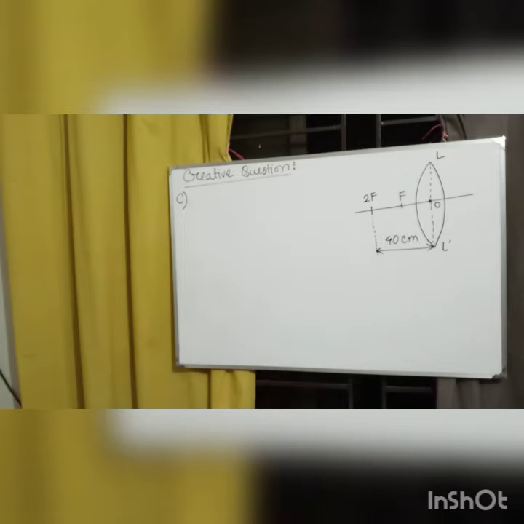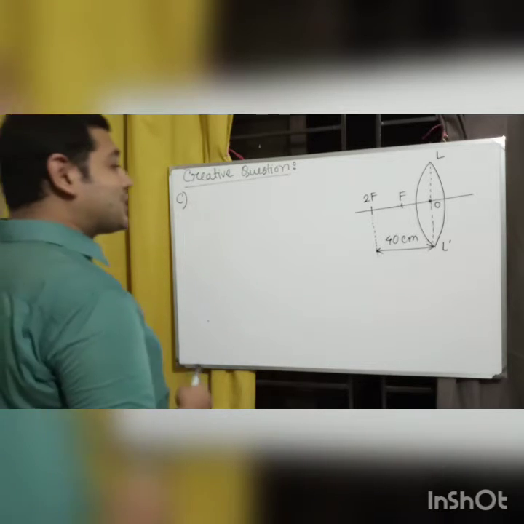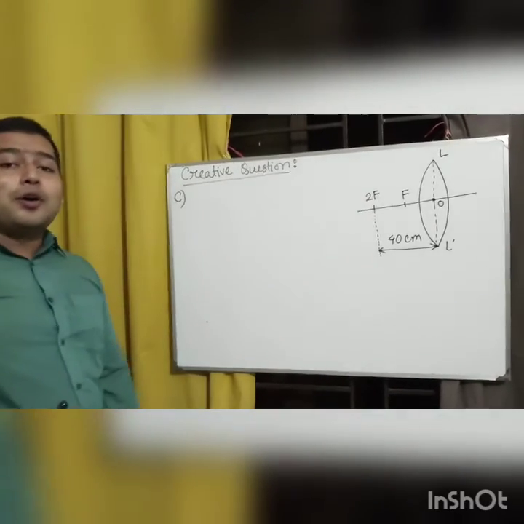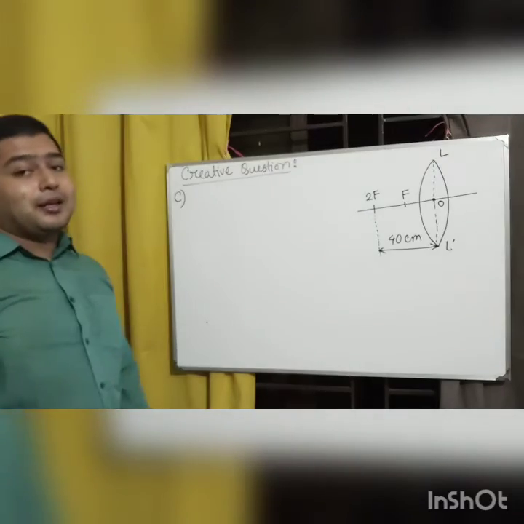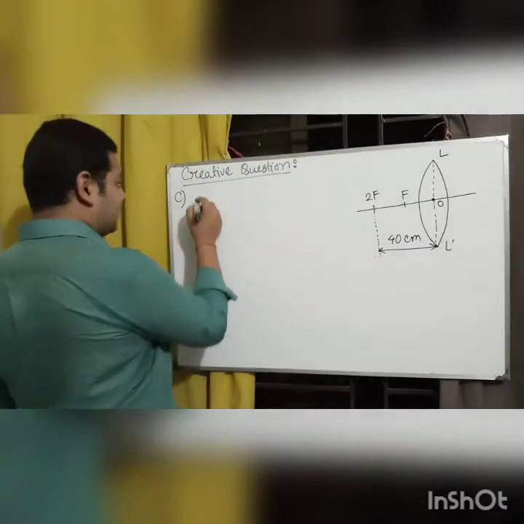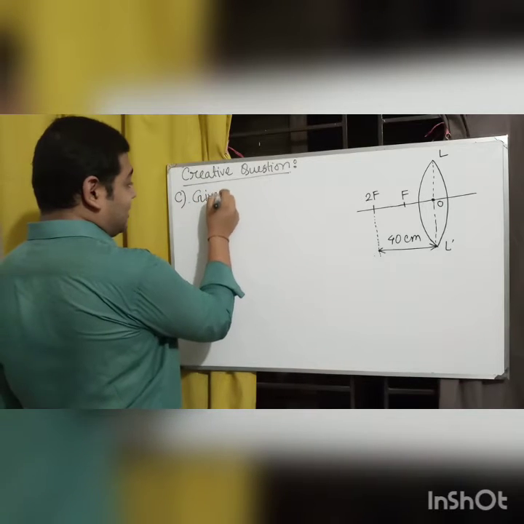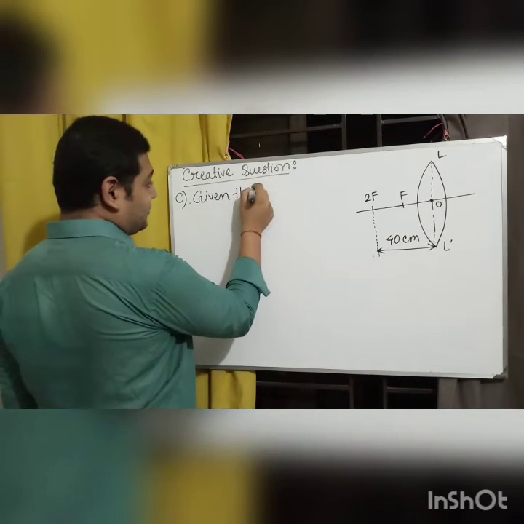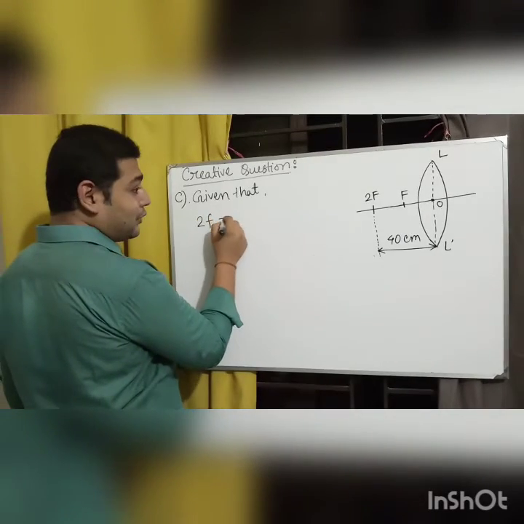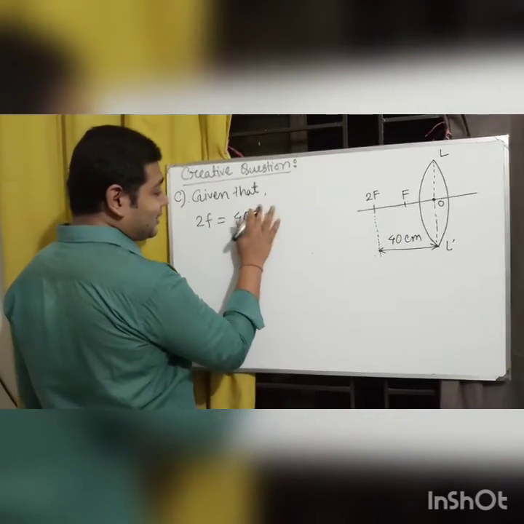In our question number C, we need to determine the power of the given lens. Given that 2f equal to 40 centimeter.